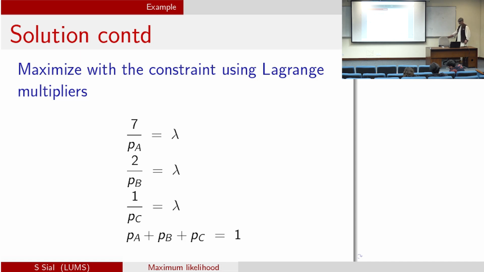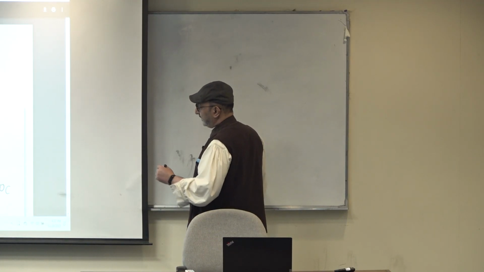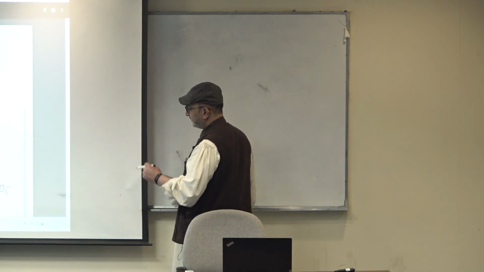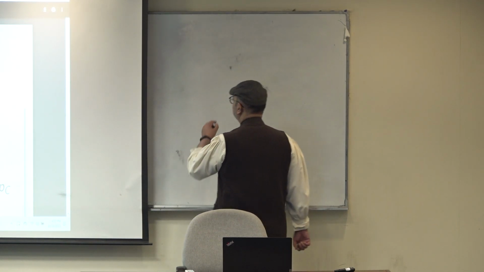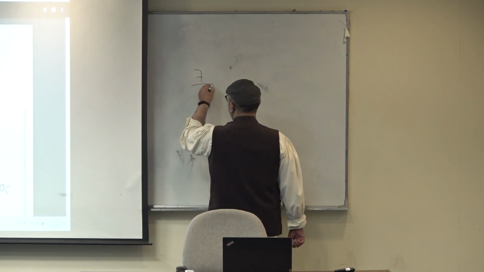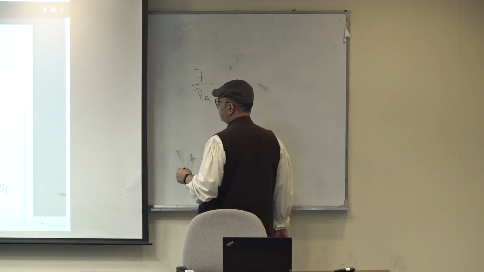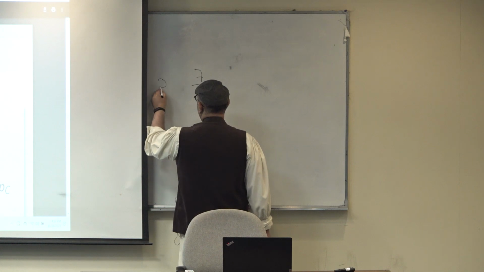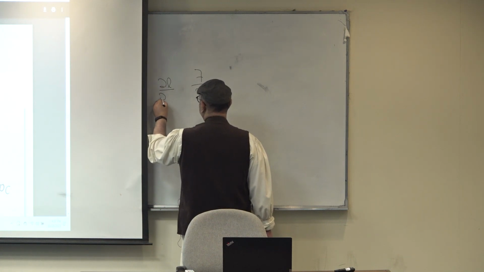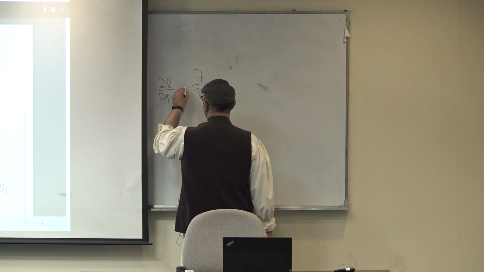You're going to take the partial with respect to p sub a. When you take the partial with respect to p sub a, the first term goes to 0. The next one will be 7 over p sub a. That's the partial derivative of L with respect to p sub a.